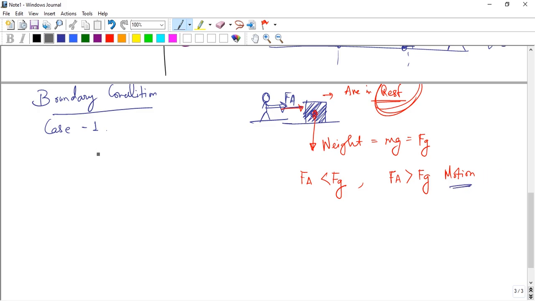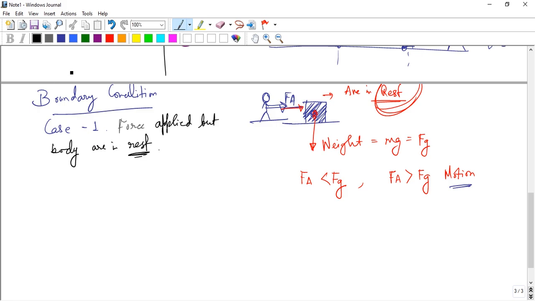Now case one: force is applied but the body does not displace, the body is at rest. That is important.